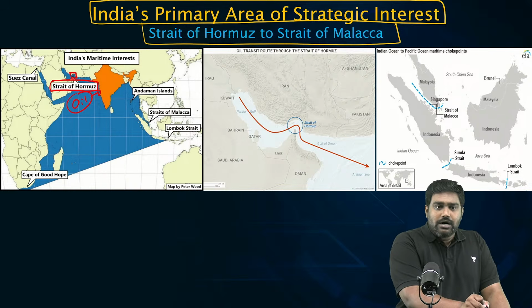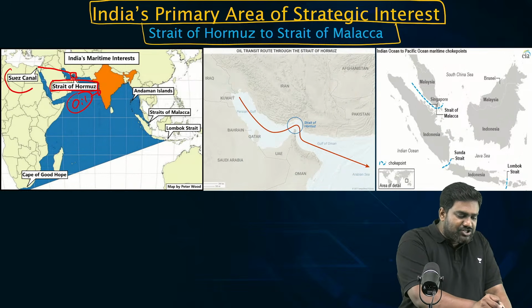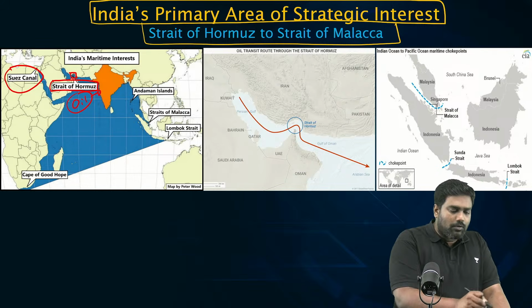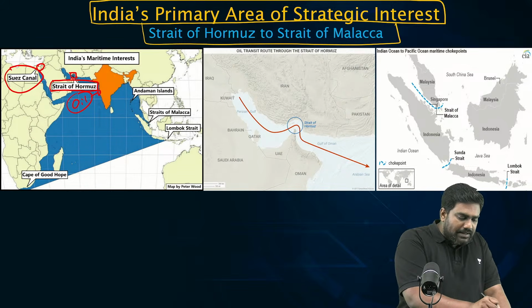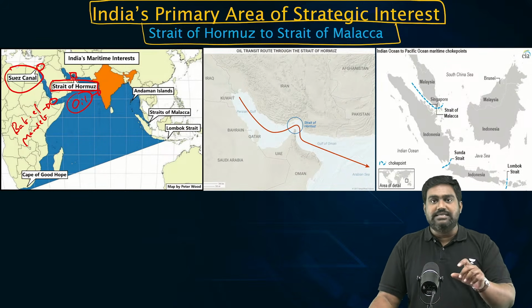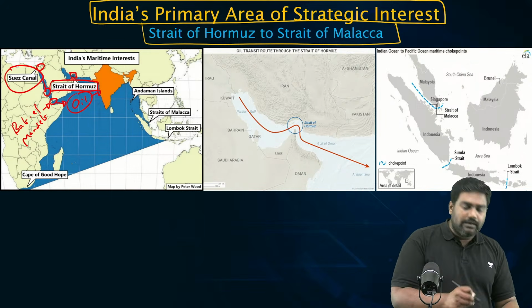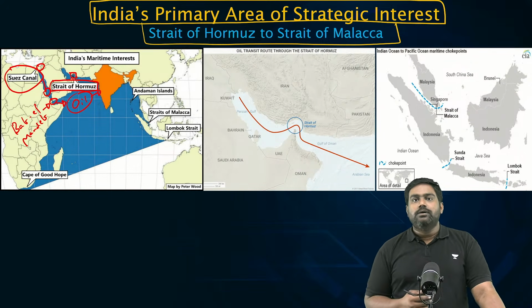So from here, approximately, the region covering Suez Canal in Egypt, which is another maritime choke point, Bab al-Mandeb Strait over here near Horn of Africa that connects your Red Sea with Arabian Sea, with Gulf of Aden. This is another important maritime route for India that links India with Europe, India with the West.